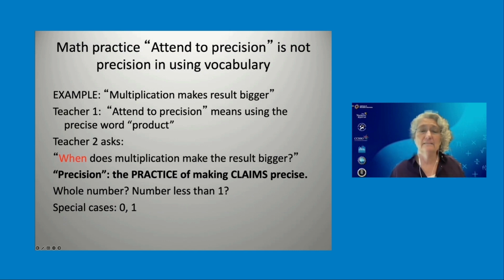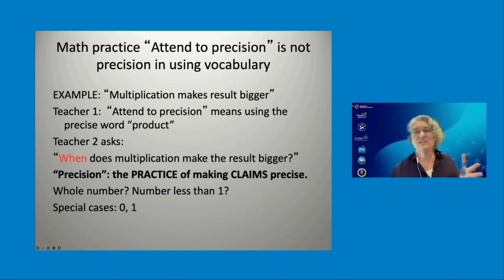Another teacher would ask, when does multiplication make the result bigger? By asking that question, this is precision, this is the practice of making claims precise. Not the precise word, but by saying, when does multiplication make the result bigger? We can start to ask, is it when you're multiplying by a whole number? What about when you're multiplying by a number less than 1?